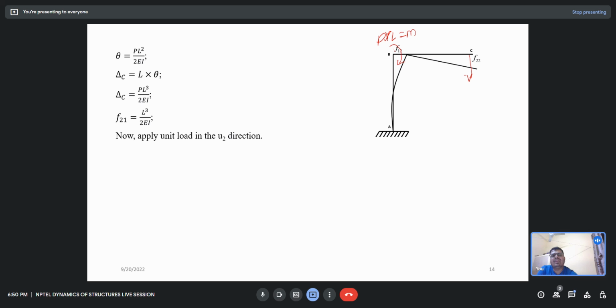Due to this moment, whatever deflection there is in U1 is F12. Due to this moment there is a rotation, and that rotation multiplied with this length gives the displacement, plus the displacement due to this P into L, that is PL cube over 3I.